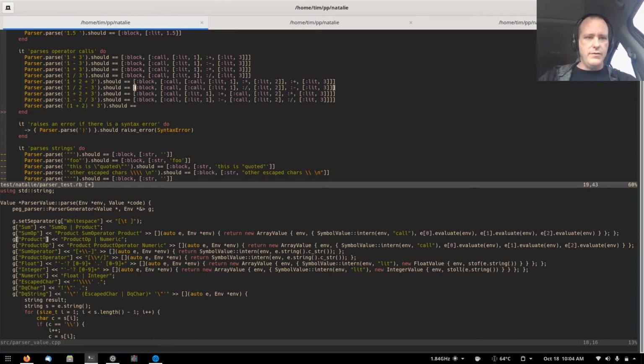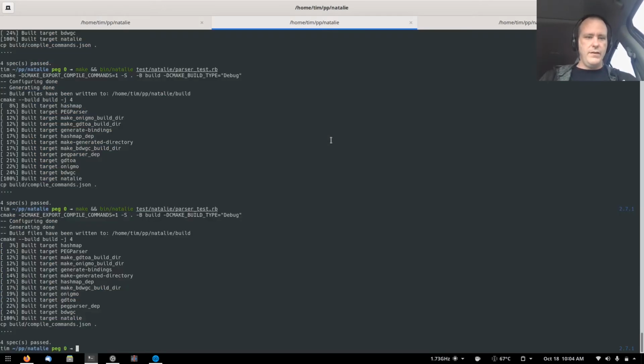But the operators are different. So this will be a plus, and this will be a multiply. So now we're doing 1 plus 2 in one atomic call, and then we're calling multiply with the result of that and 3. So this will definitely not parse.